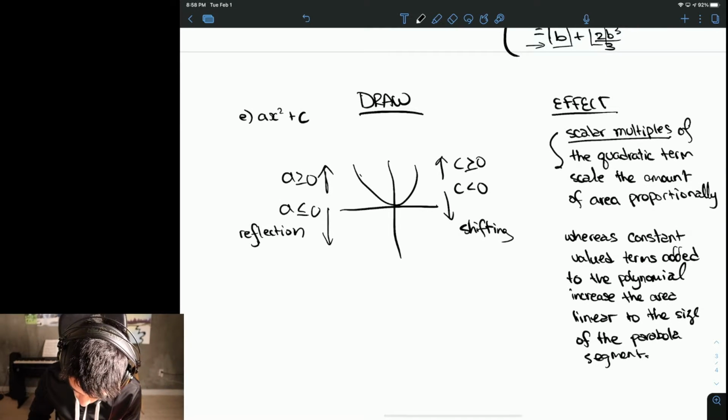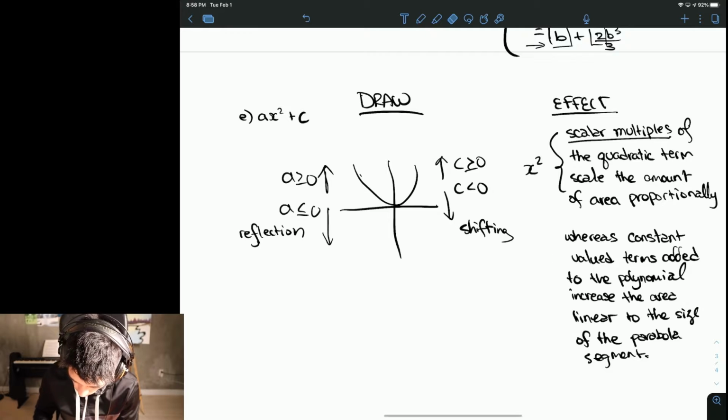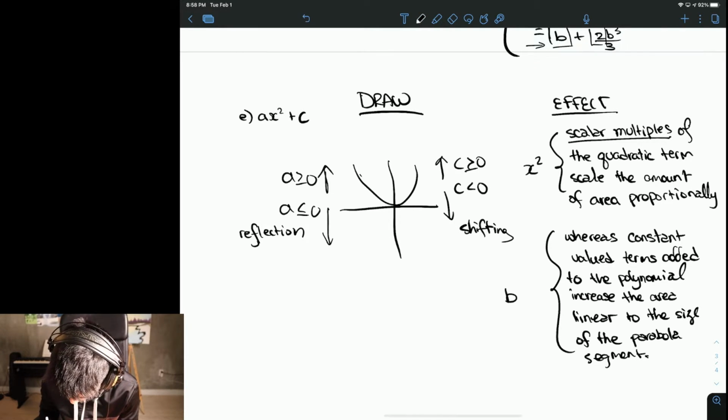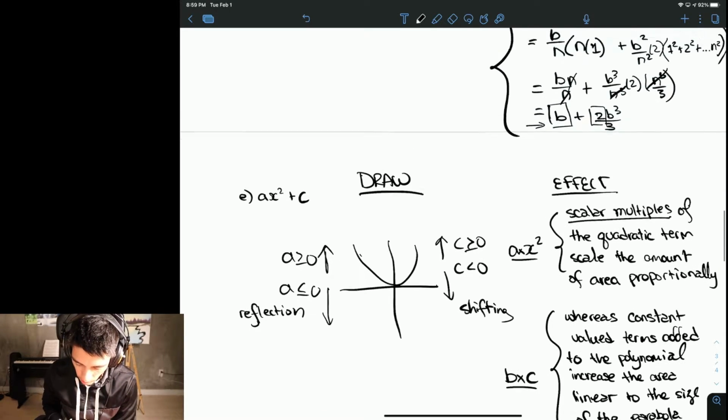Yeah, so this operates on the quadratic term. This operates on the width. I think that's it.